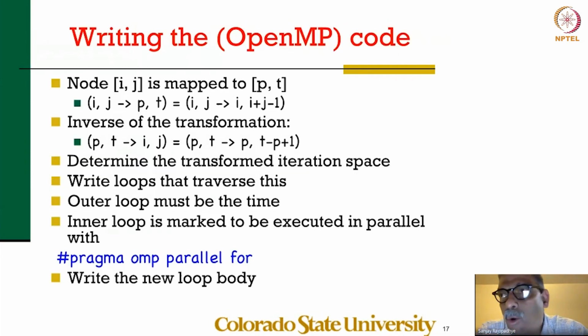Okay, and now we want to develop how to do the math so that we can do this as a program transformation. So you have a node ij. It is mapped to some new node p and t. T is a time step, and P is a virtual processor.